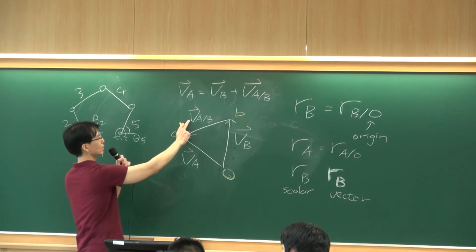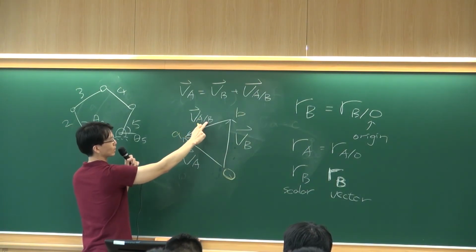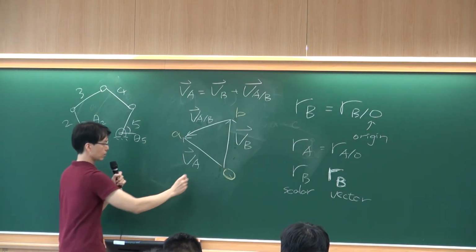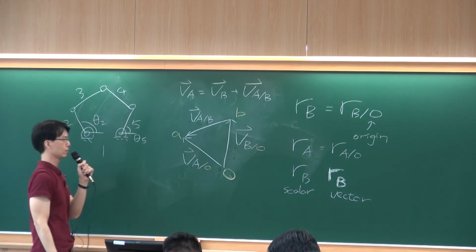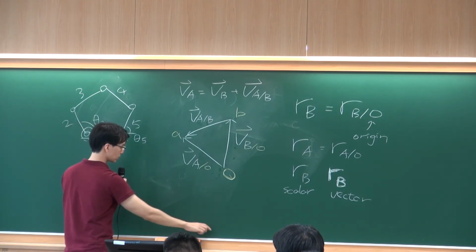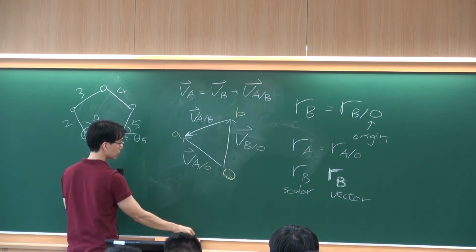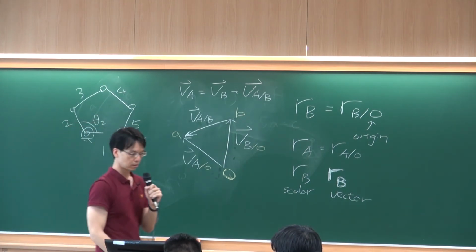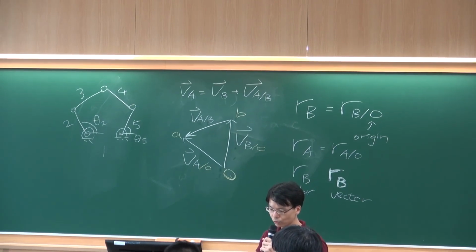And for VAB, the relative origin is B, so it's pointing from B to A. You may write in this form, it might be more clear for you. Any questions so far?